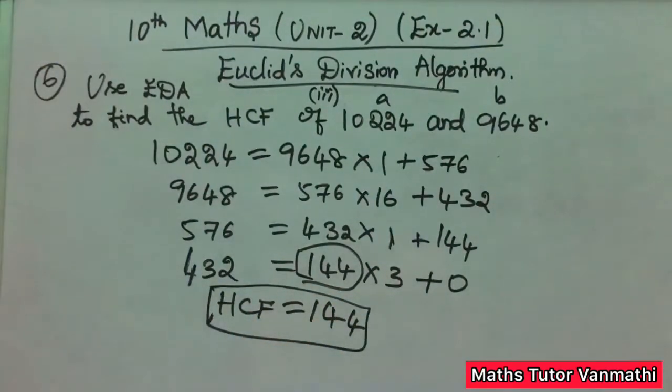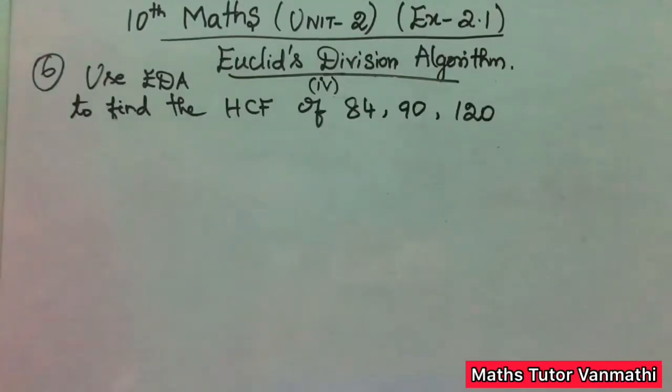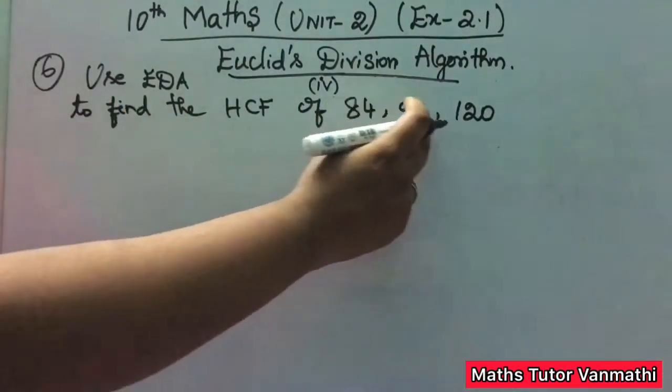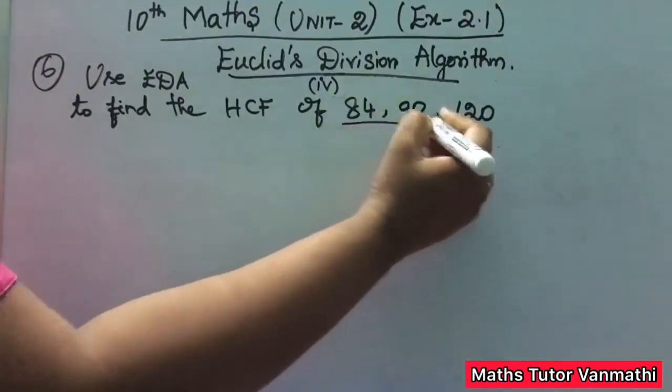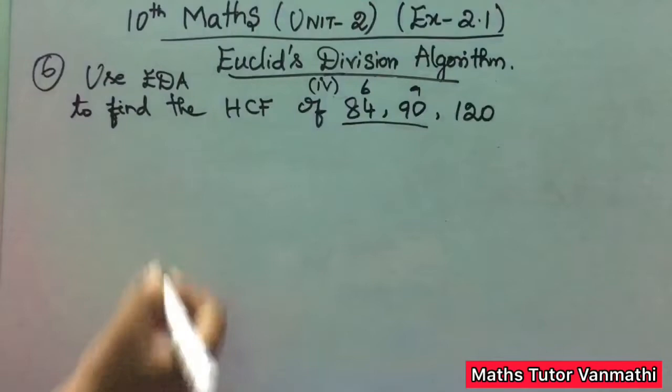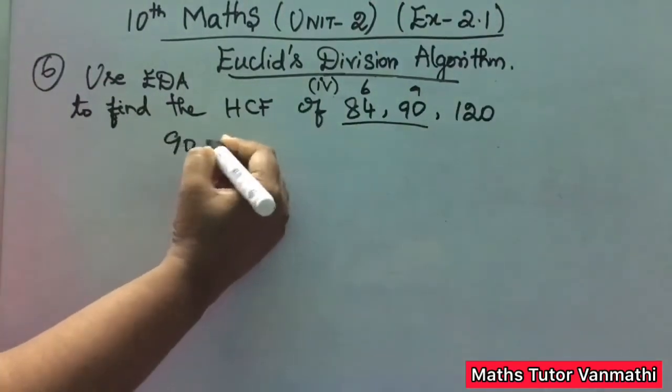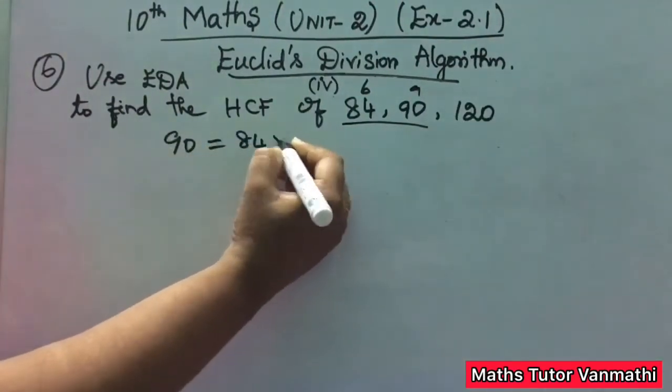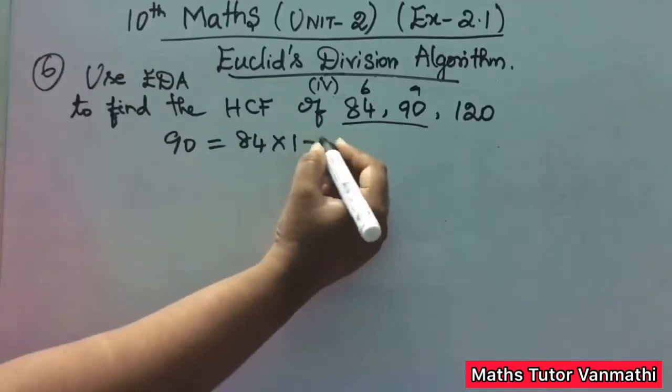Clear? Next problem. This is your fourth subdivision. Find the HCF of 84, 90, 120. First considering these two numbers, 90 and 84. This is your highest value, this is your lowest value. Taking that, 90 equal to 84 into 1 plus 6.